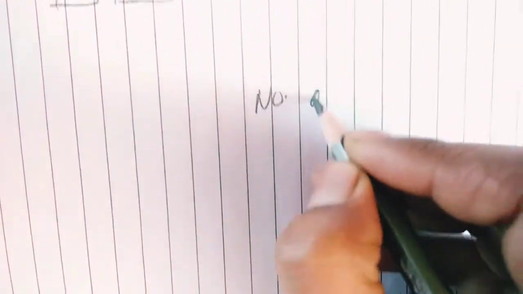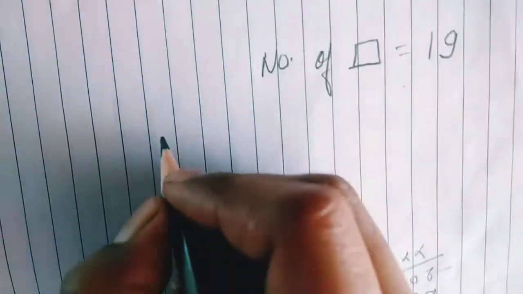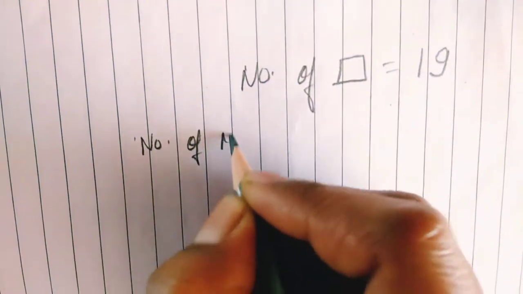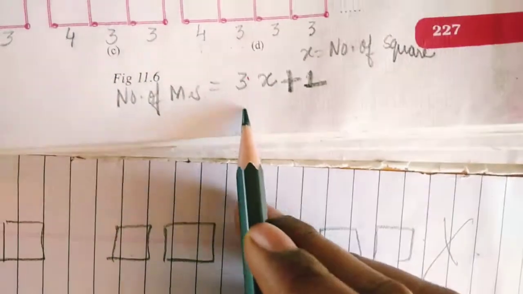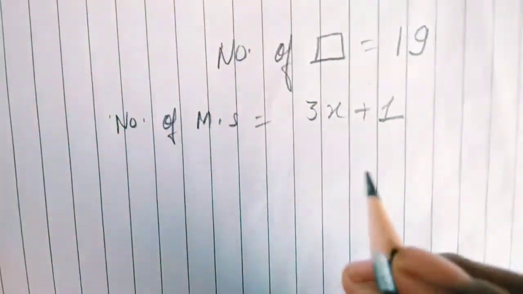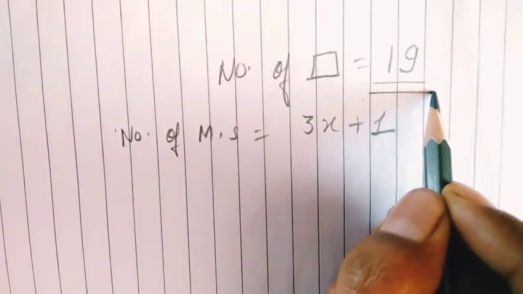But when the number of squares is 19, and we need to find the number of matchsticks, by the rule 3x plus 1 we can find the number of matchsticks in 19 squares.